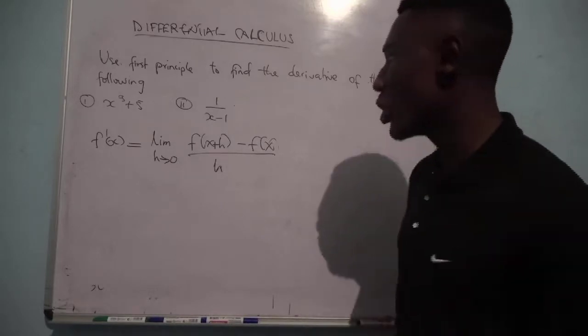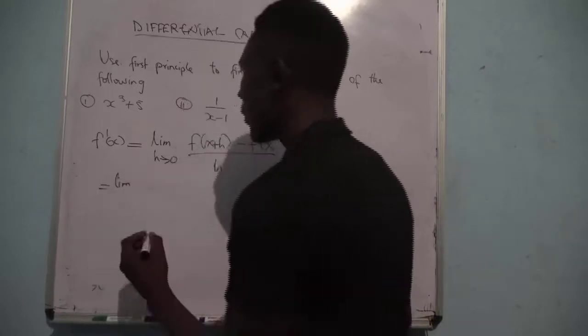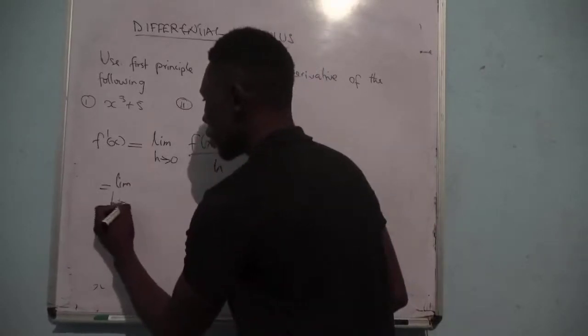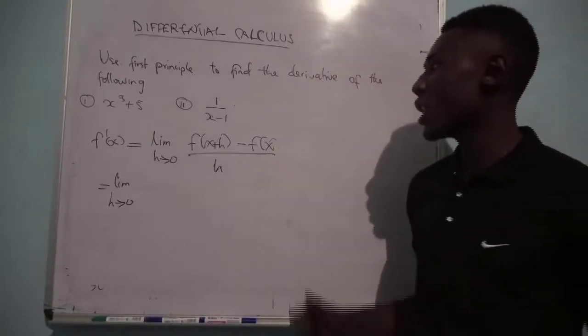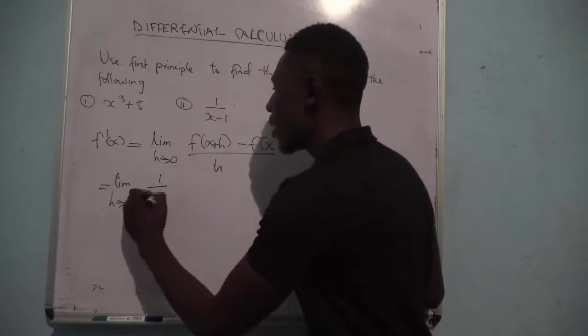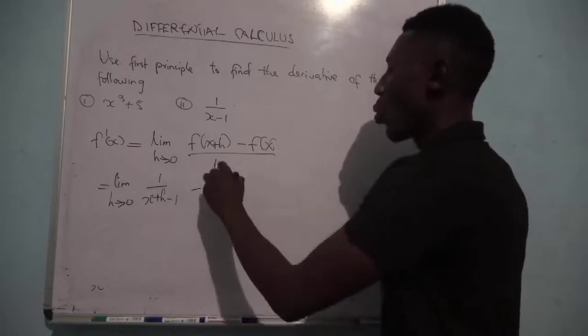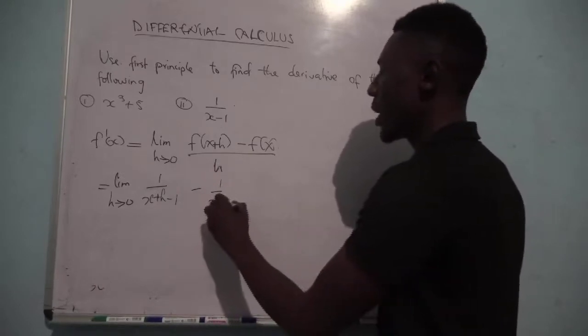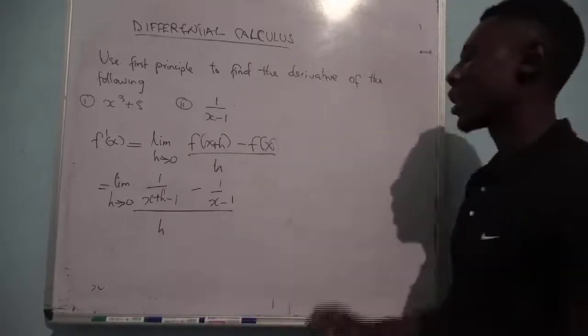So what I'm going to do is, like what I did with the first problem, I'm going to say the limit as h approaches 0 of, substituting where there's f of x plus h, 1 over x plus h minus 1, then minus 1 over x minus 1. Then I'm going to divide everything by h, like that.